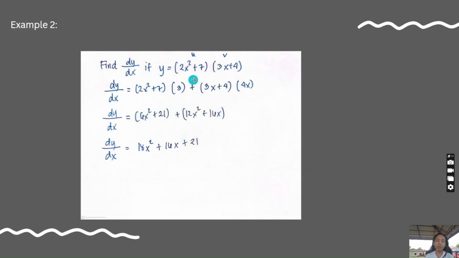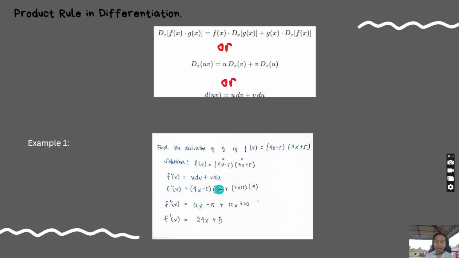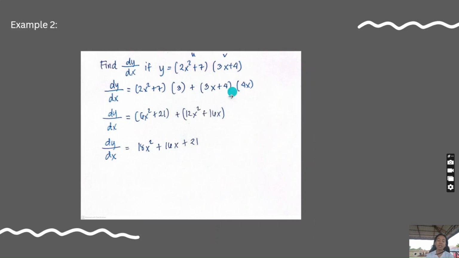Our u is 2x squared plus 7, so we simply copy it. And then dv, the derivative of v, which is 3x plus 4, that's 3, plus v du. Since our v is 3x plus 4, we simply copy it, times 4x, since the derivative of 2x squared plus 7 is 4x.